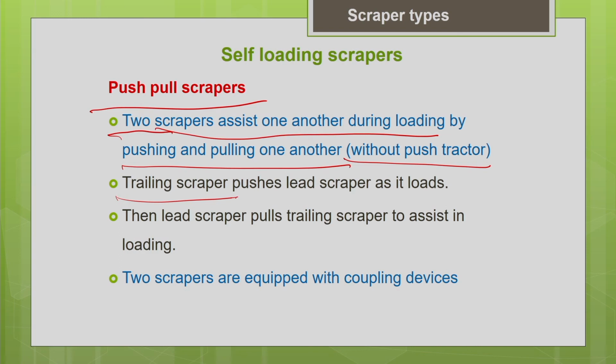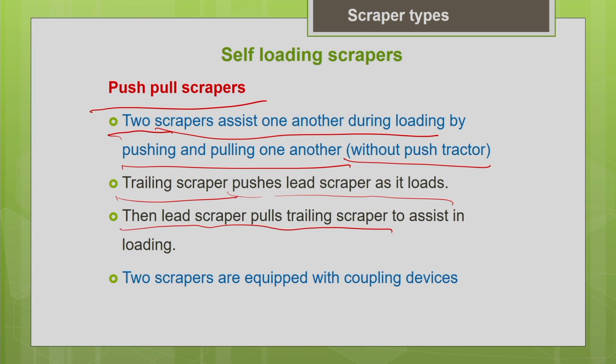The trailing scraper, which is in the rear end, pushes the lead scraper as it loads. Then the lead scraper pulls the trailing scraper when the trailing scraper is loading. That is how they help each other, so that the productivity of the scraper can be enhanced.